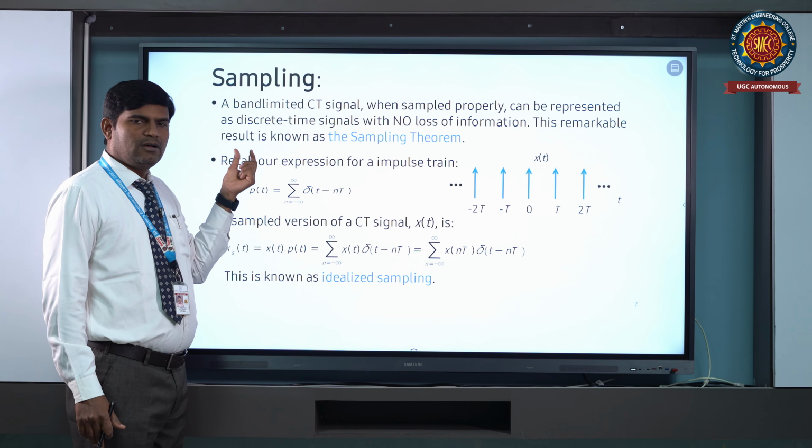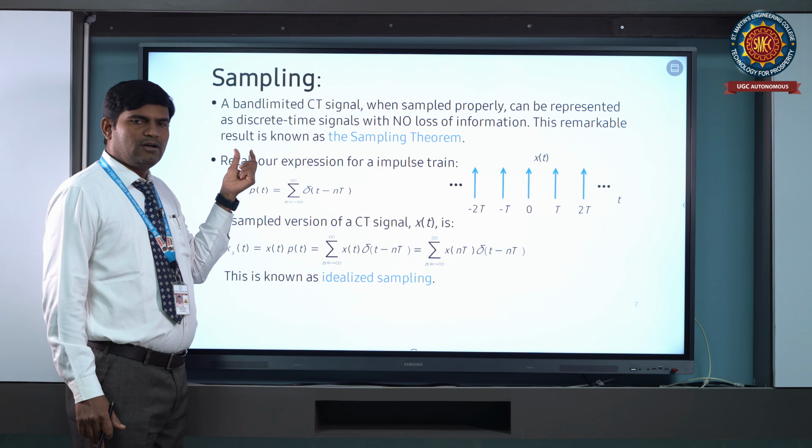On applying the Fourier transform to the product of the two signals, recalling the linearity and modulation properties of the Fourier transform, we can write the mathematical expression of the sampled signal in the frequency domain as the Fourier transform of p(t) times x(t), with p(t) substituted.